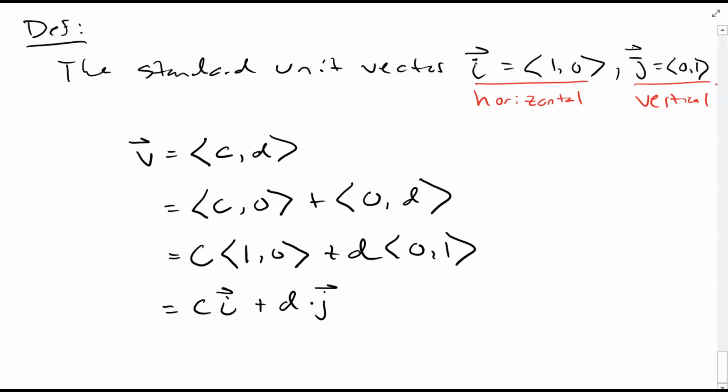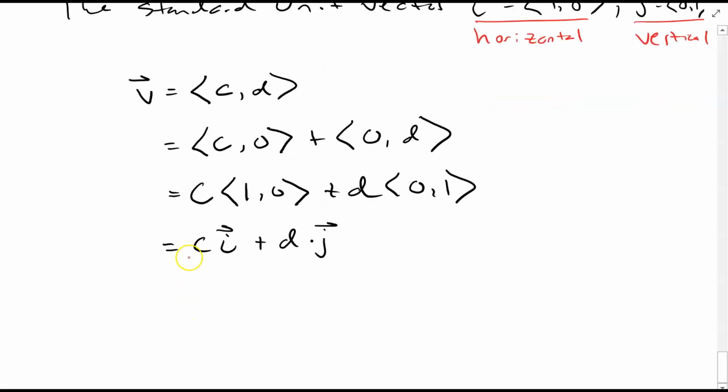It's like going 1 unit up on the y-axis. So what we've basically broken this down into is you're going to go c units on the horizontal and d units on the vertical. So you just have the vertical component and the horizontal component.